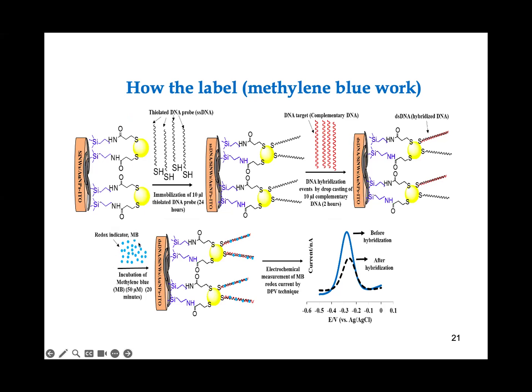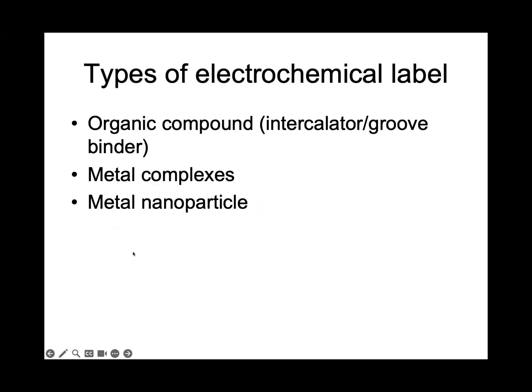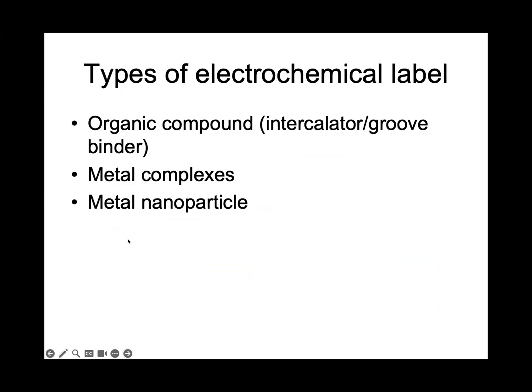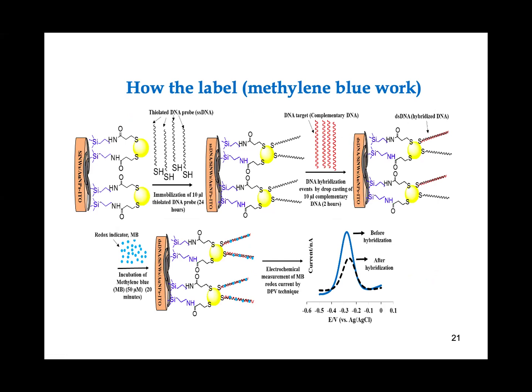In this case, we are using methylene blue as the intercalator. You can imagine, once they incubate, they will intercalate into the DNA structure. Once that intercalation is done, you can see the blue dots here. So the methylene blue intercalated into the DNA duplex structure.